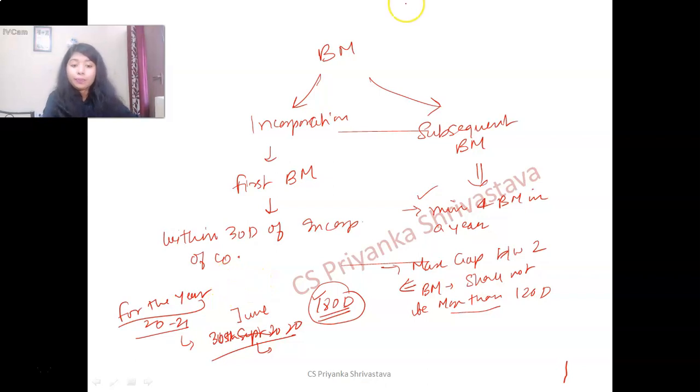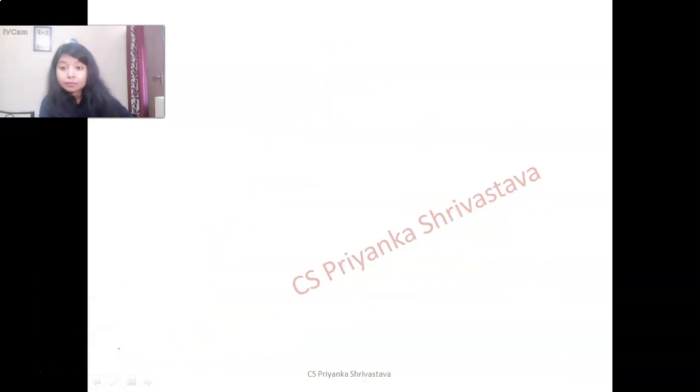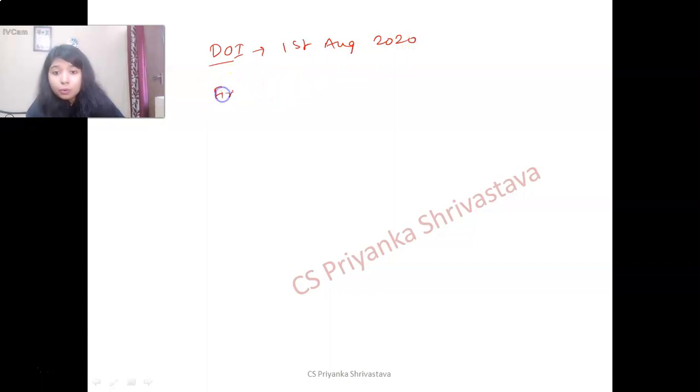Now, pause it and note it. Now suppose the date of incorporation of the company is 1st August 2020. So the first board meeting you need to conduct is up to 30th August 2020.